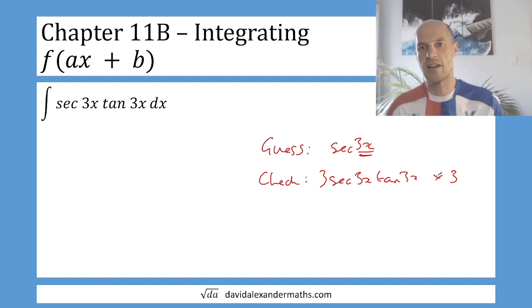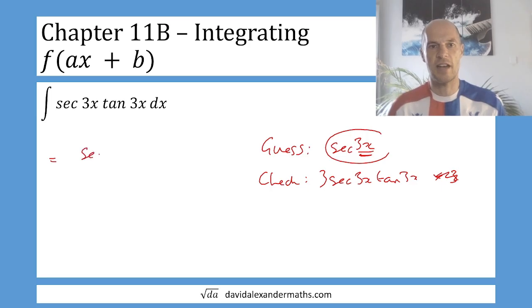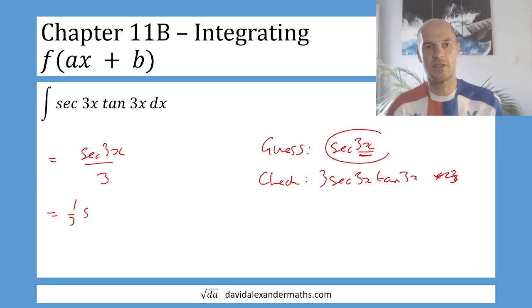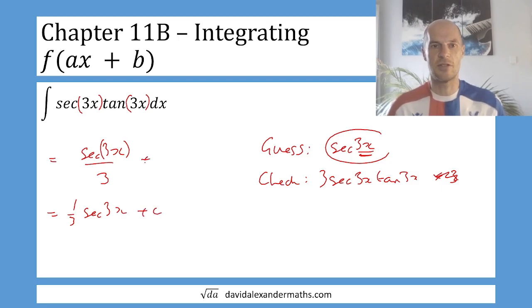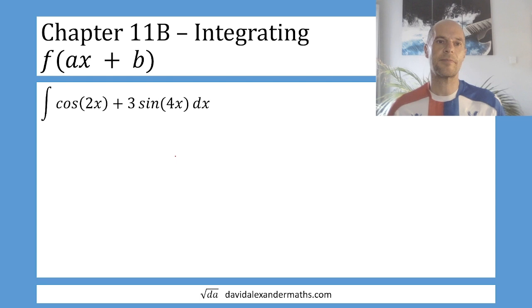So that is 3 sec 3x tan 3x, but we don't want 3, we only wanted the 1, so therefore our guess is 3 times too high, so we're going to need to divide this by 3. So that is going to be sec 3x over 3, or 1/3 sec 3x. And don't be tempted to try and cancel these 3s. So there we have it, 1/3 of sec 3x. Of course, don't forget the plus c as well.